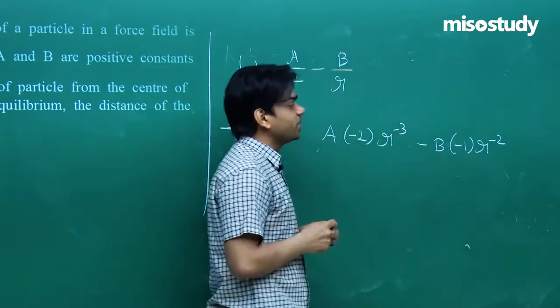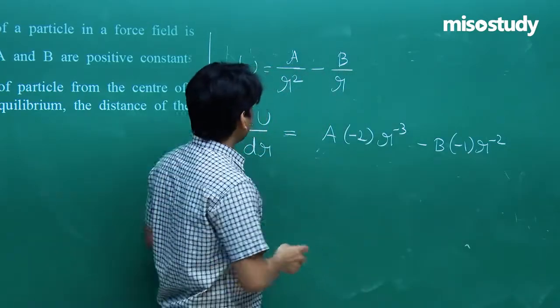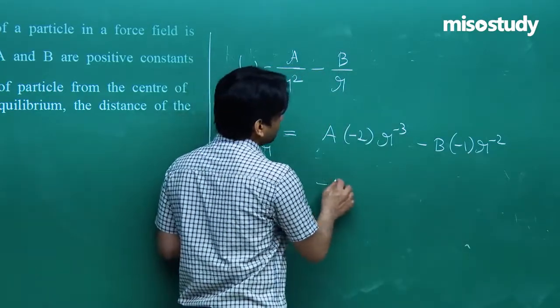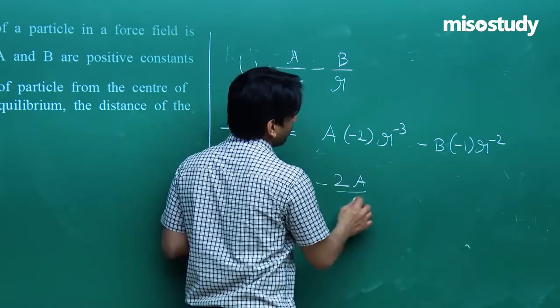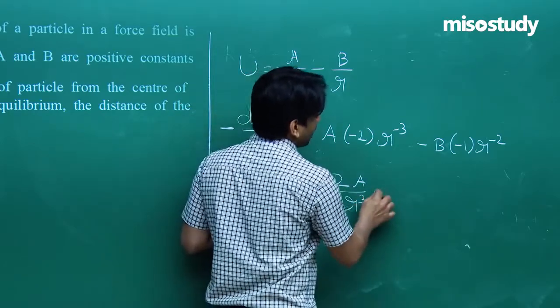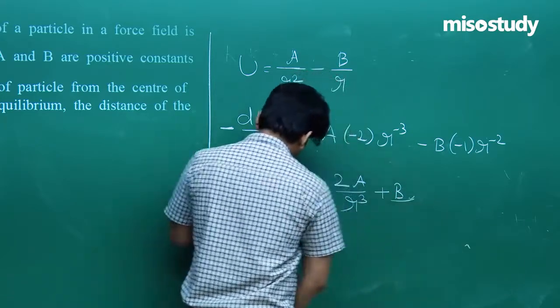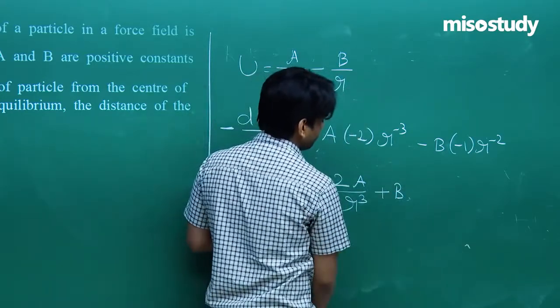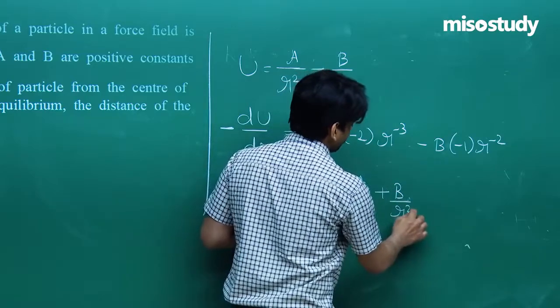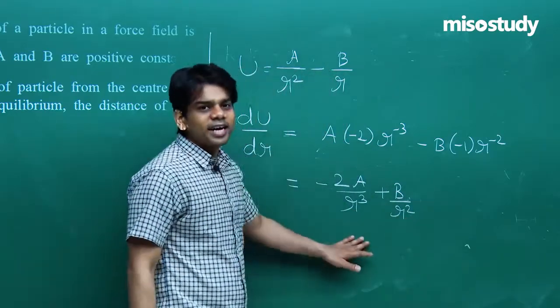This is what you will be getting for minus dU by dR. So let us write this as minus 2A upon R cube, and this as plus B upon R square. This is what you can write down.